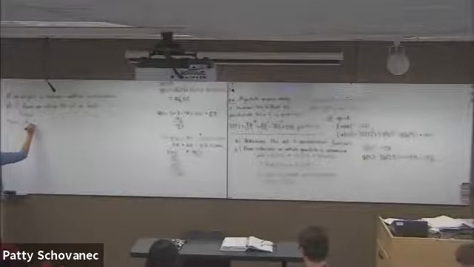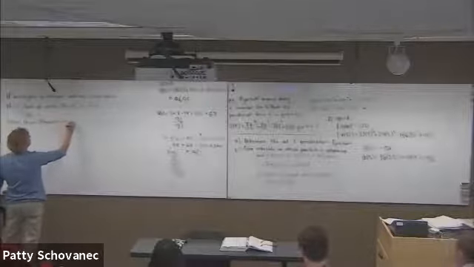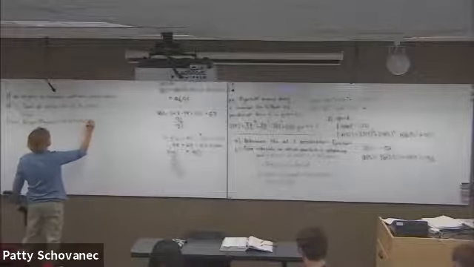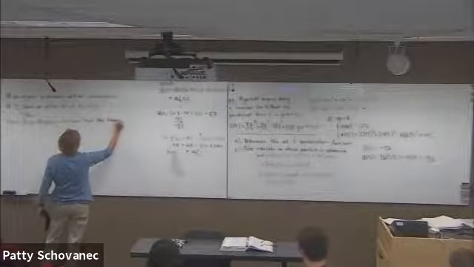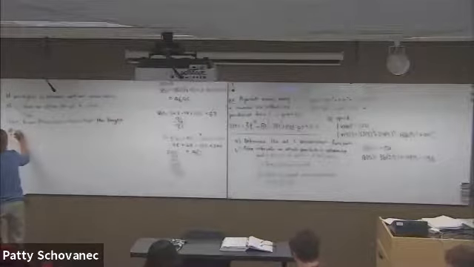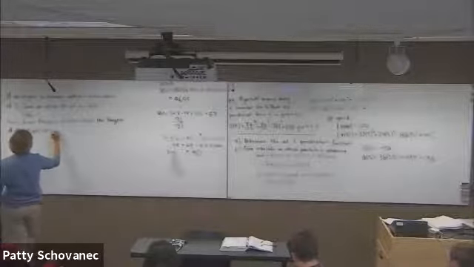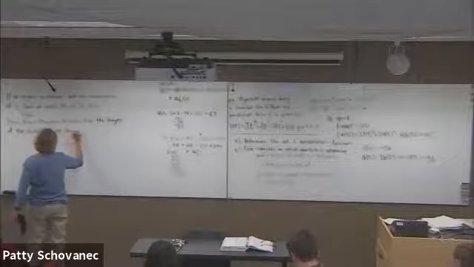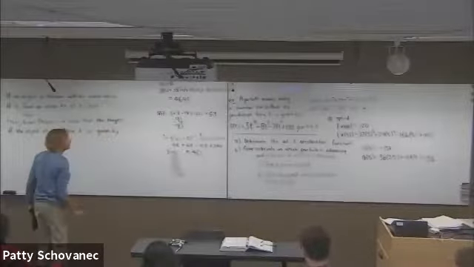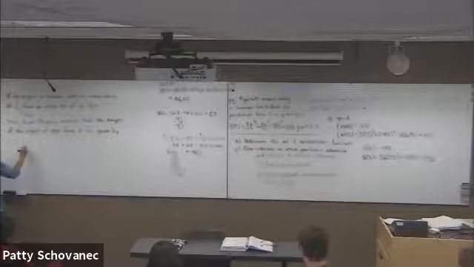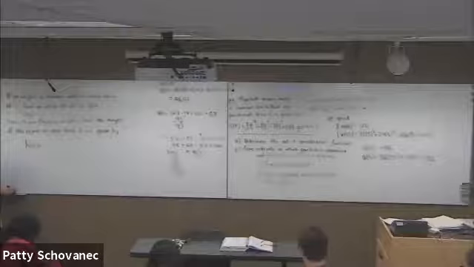Then from physics, we know that the height of the object at any time t is given by an upside down parabola. Its height at time t is equal to the effect of gravity.